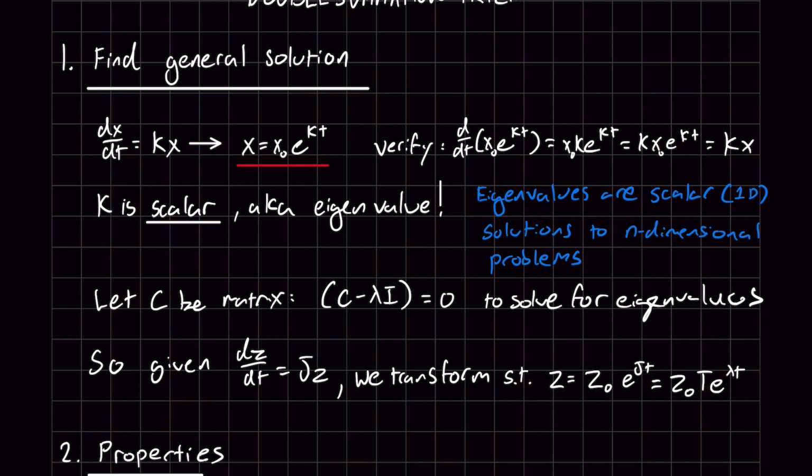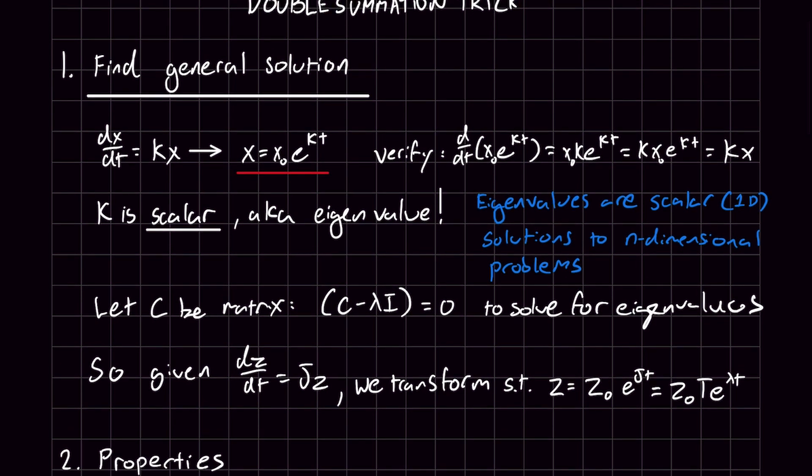Actually, it's almost standard to always use this value. And why is this? Well, you can verify over here. By plugging this value into the derivative, you'll get back this, which is exactly kx. So you're going to be getting back your solution.